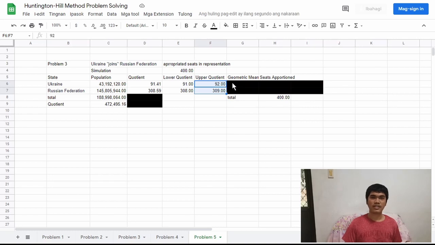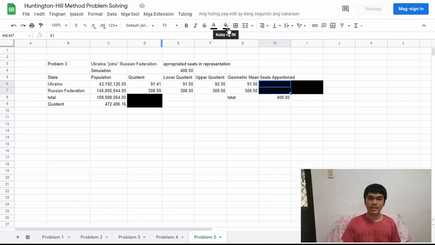So we'll compute the geometric mean. Same old process, just square root the upper quotient times the lower quotient, and you will get the geometric mean. So in Ukraine, the geometric mean is 91.50, which is higher than the quotient, and Russian Federation got 308.50, so still lower.